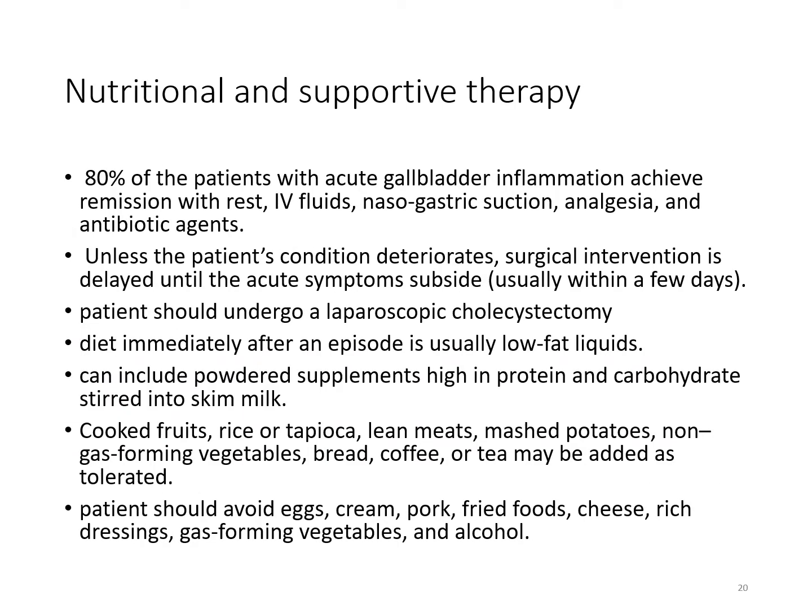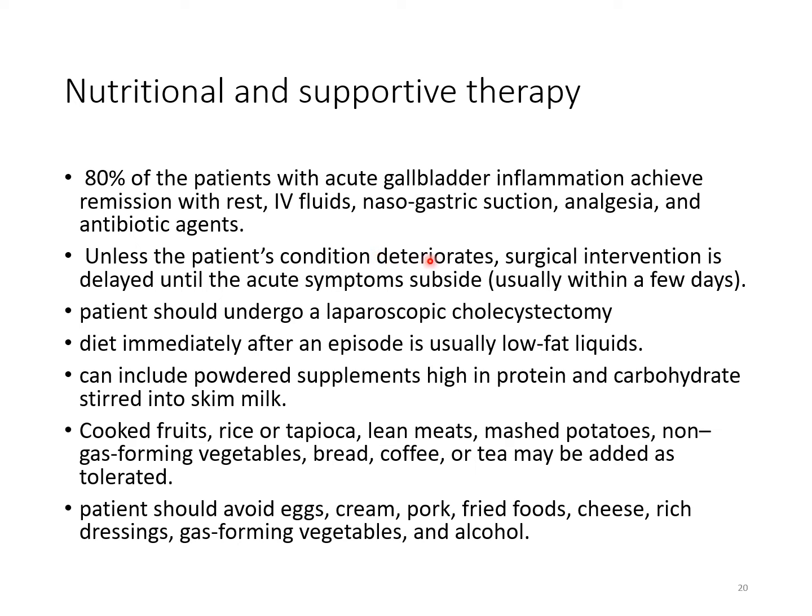All right. So 80%, that's a pretty high percentage number of patients that have acute gallbladder inflammation. They do get remission with rest, IV fluids, nasogastric suction, analgesia, and antibiotic agents. So normally we do not need to be doing surgical interventions.